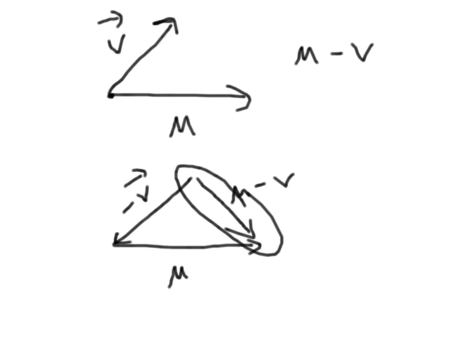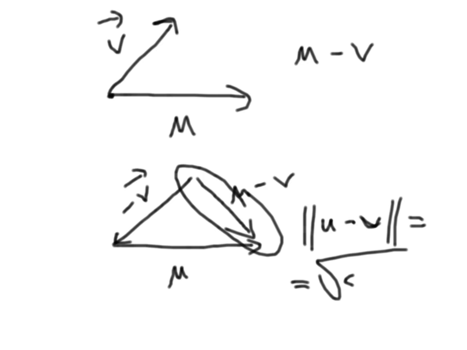So I'm computing the length of this vector, u minus v, and this is equal to the square root of the inner product of u minus v with u minus v. This is by definition. So the distance between u and v is defined as the length of the vector u minus v.